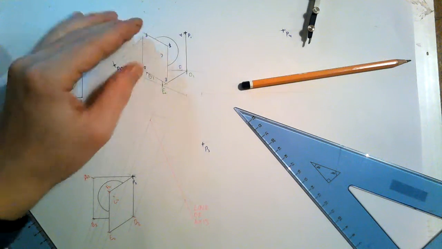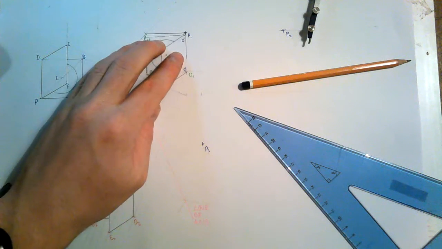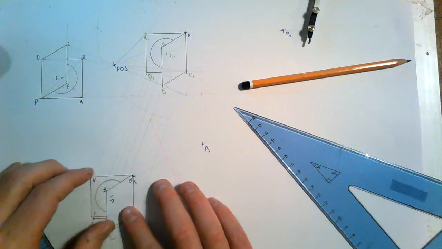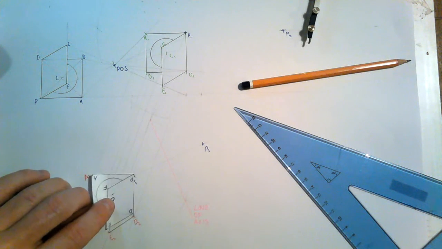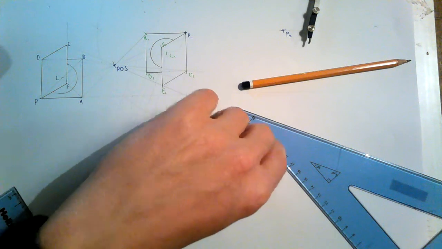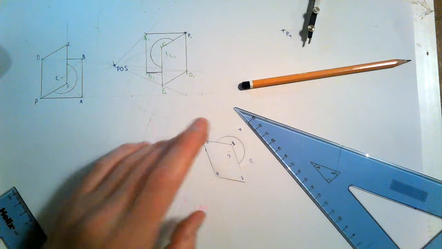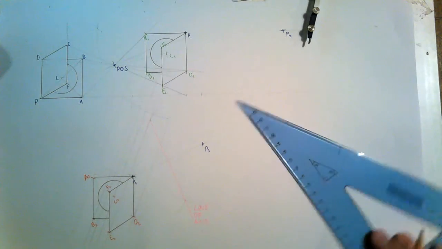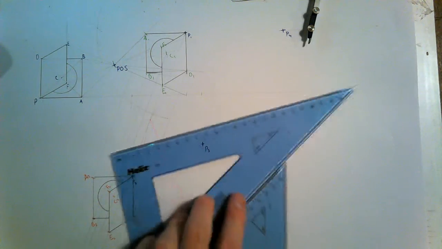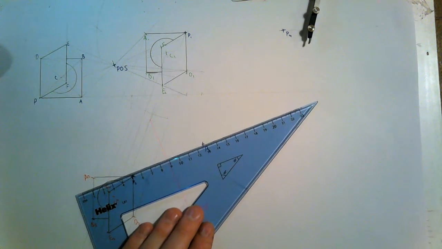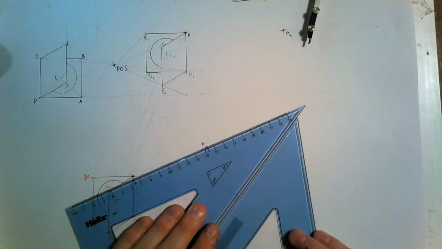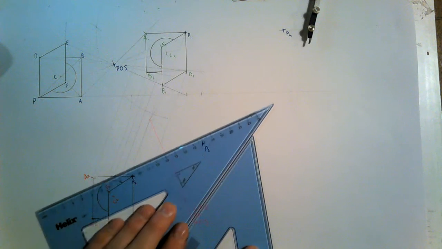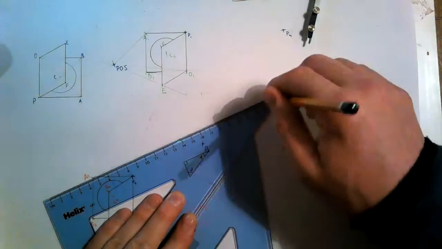Translated from this position down to here. Okay, now we need axis symmetry, which is going to be flipped over to here. Okay, so we'll have our line of axis. So let's bring across the other points. Okay, A2.